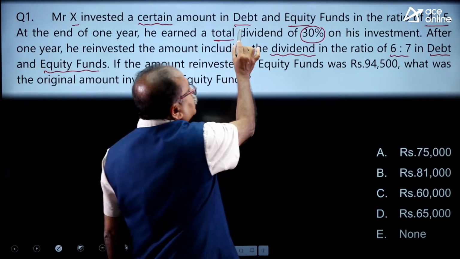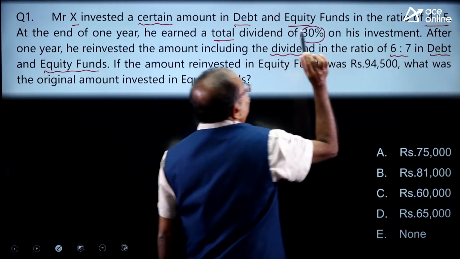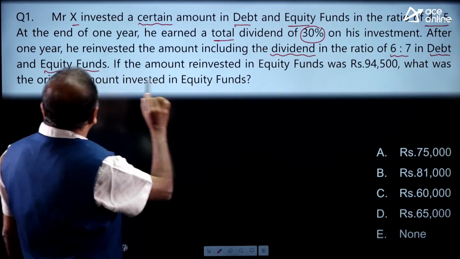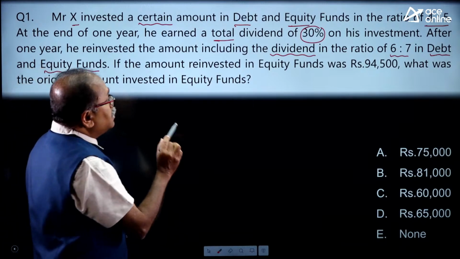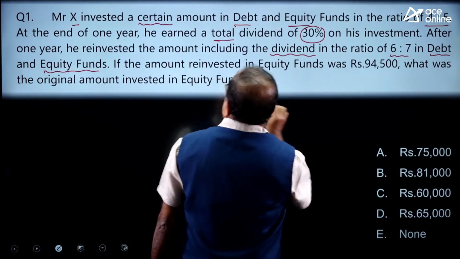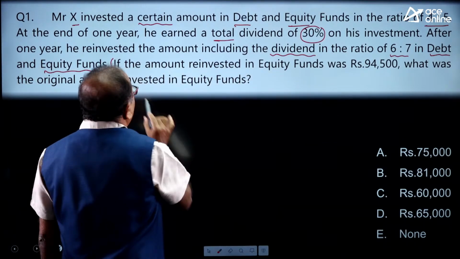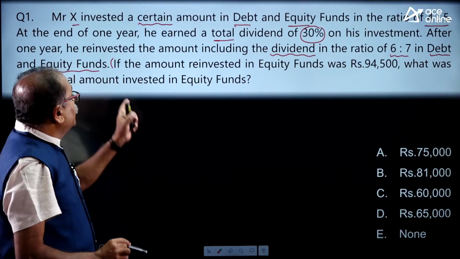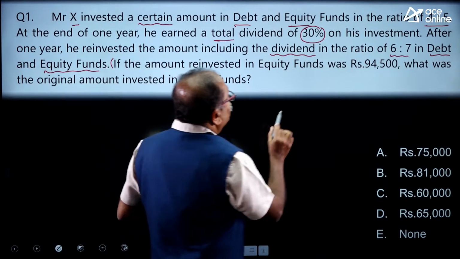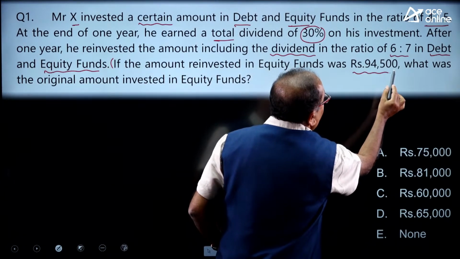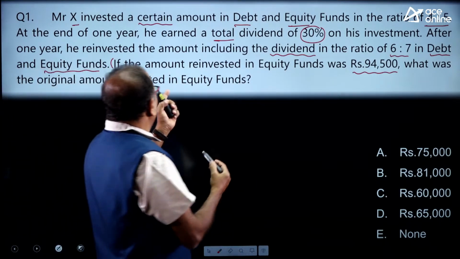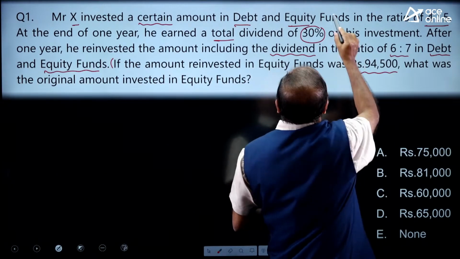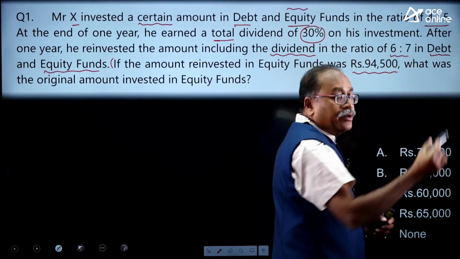Here also the first one is debt, 4 parts out of 9 parts. Here also the first one is debt, which is 6 parts out of 13 parts. Now the very important part of the whole question: if the amount reinvested in equity is 94,500, then what is the original amount invested in equity fund?